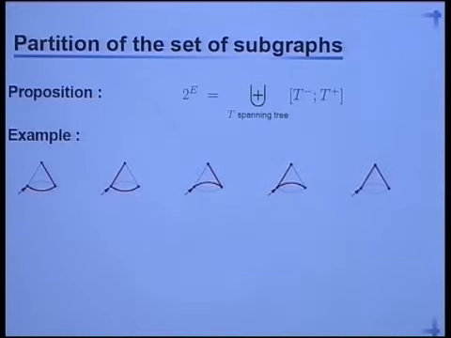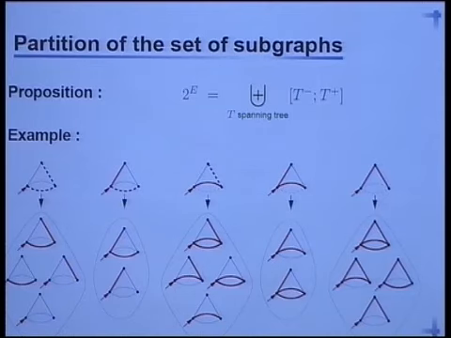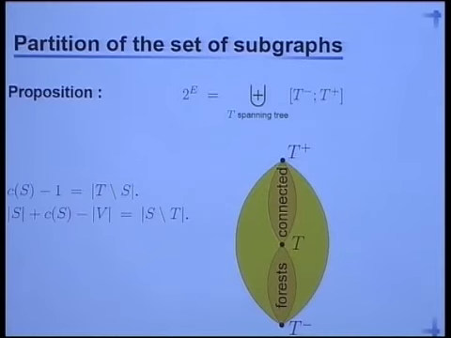And so here is an example. Here are the 5 spanning trees of this graph, and I associate an interval to each of them, and I obtain all the subgraphs. And the second property is that if you look at these parameters, c(S) minus 1, for a subgraph in the interval associated to T, the number of connected components minus 1 is the number of edges that you have removed from your tree.